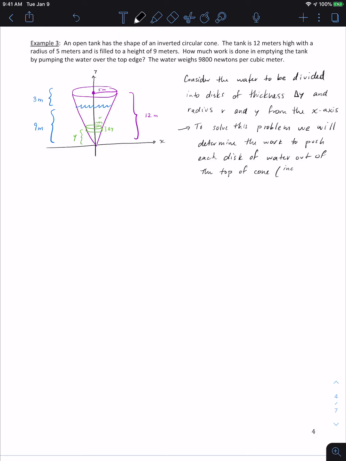And again, this is the idea of increments of work, because one increment of work is the work for one of those discs.